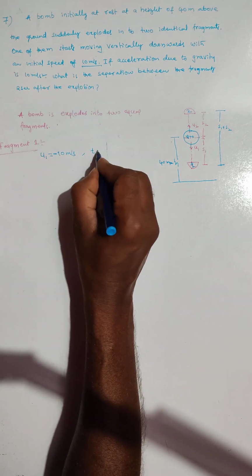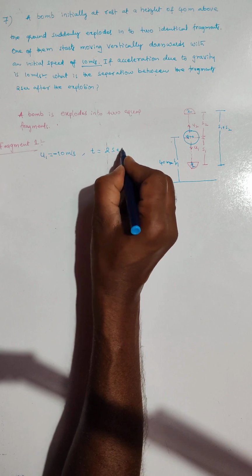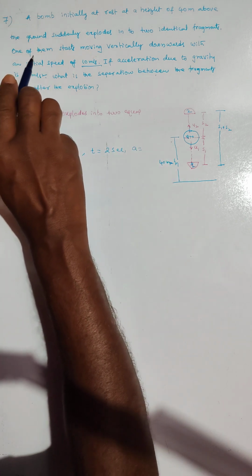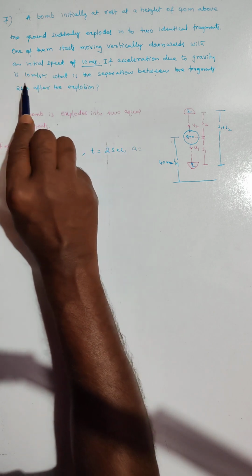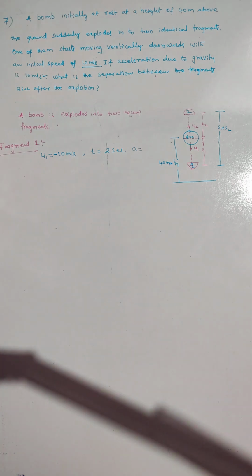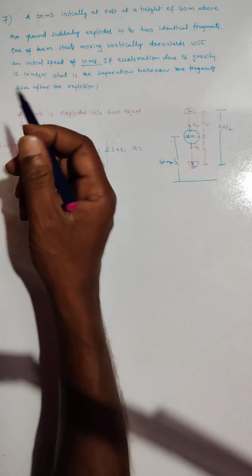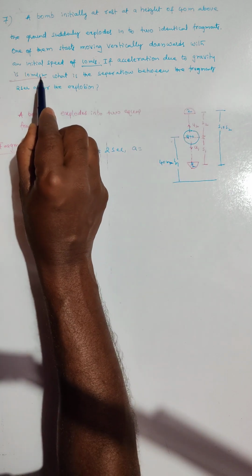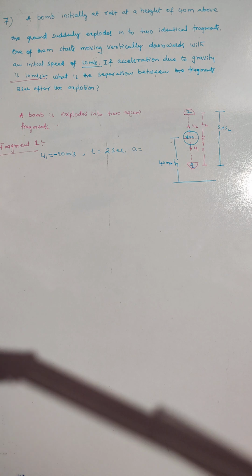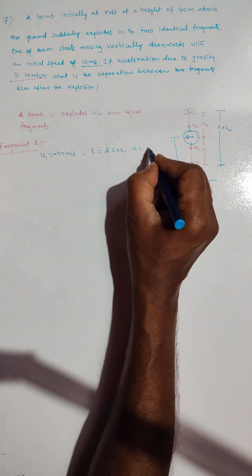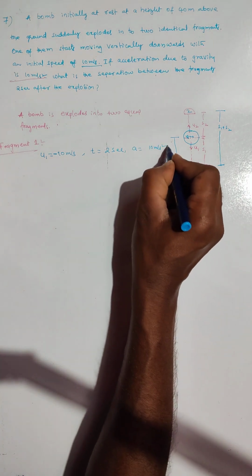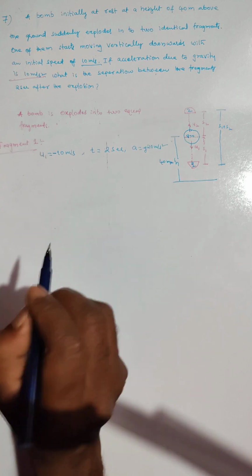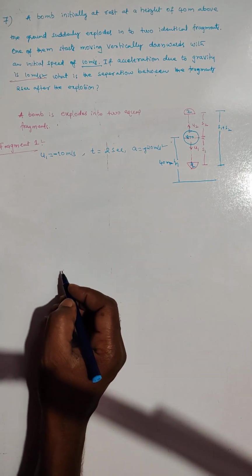So time t is equal to 2 seconds. Acceleration due to gravity is 10 meters per second square, so a is equal to minus g, that is minus 10 meters per second square.